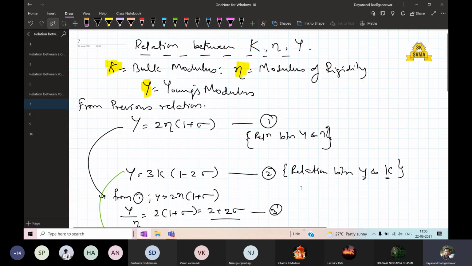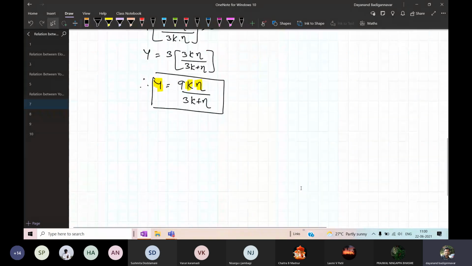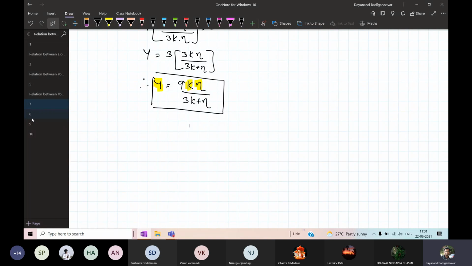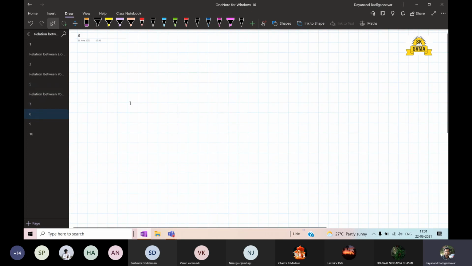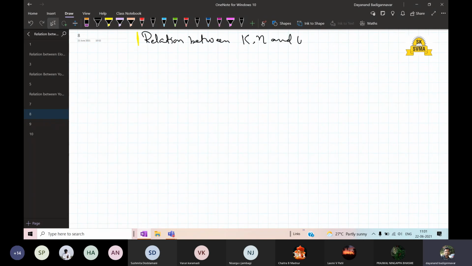Usually you don't get these types of relations, they are just equations that you should remember. Now similarly, there is one more final relation that you should know, the relation between k, eta, and sigma: bulk modulus, modulus of rigidity, and Poisson's ratio.